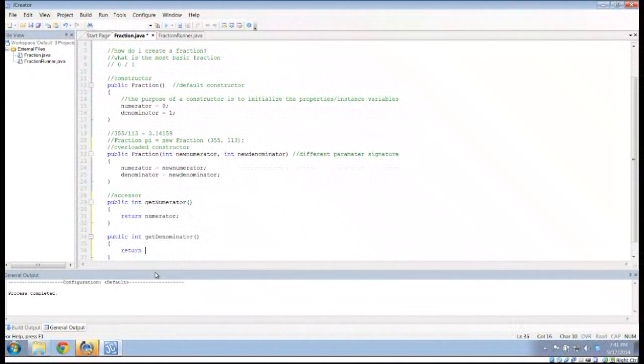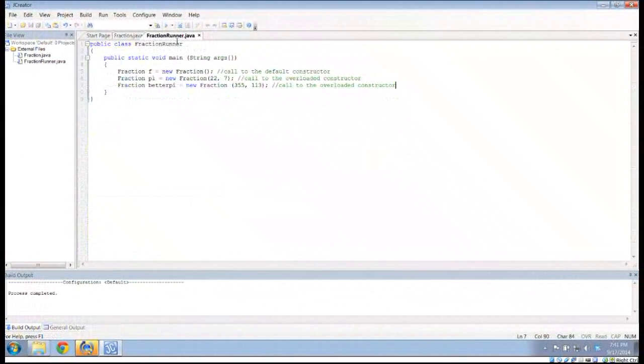It's just return denominator. So I have these methods that allow me to get information out of my fraction. So I'm going to go ahead and compile this real quick.